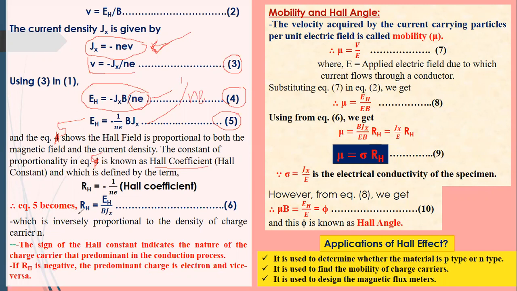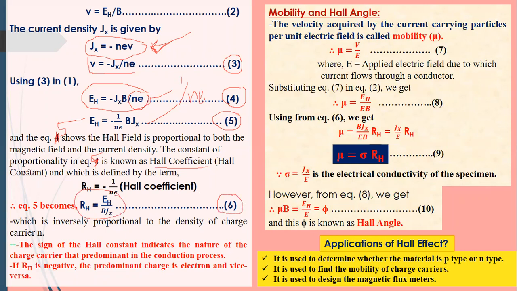Because in equation number 5, RH is equal to EH upon BJx. So RH is equal to EH upon BJx. Let us say this is equation number 6.